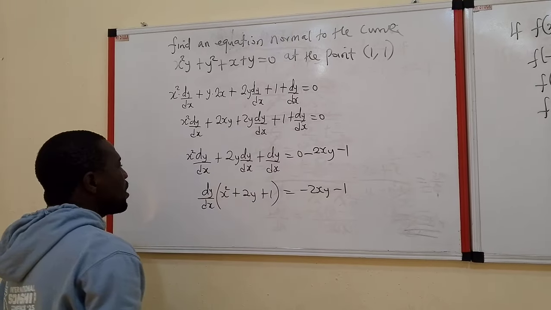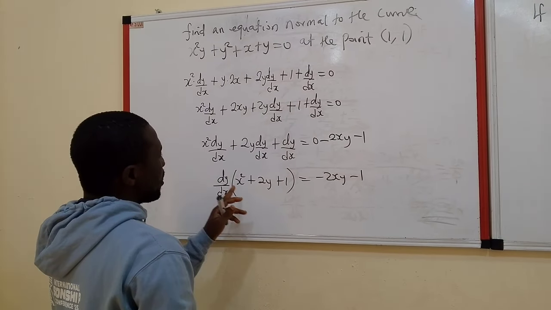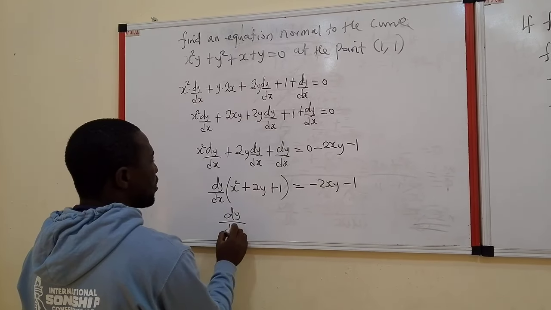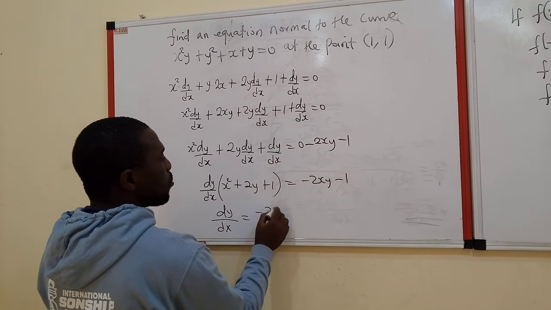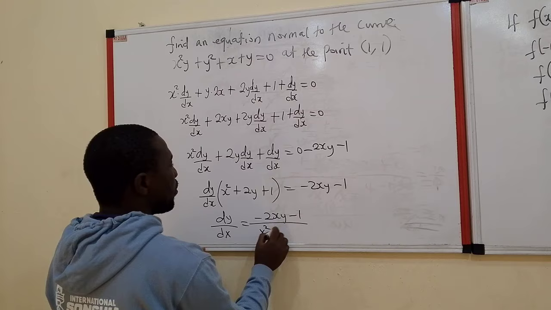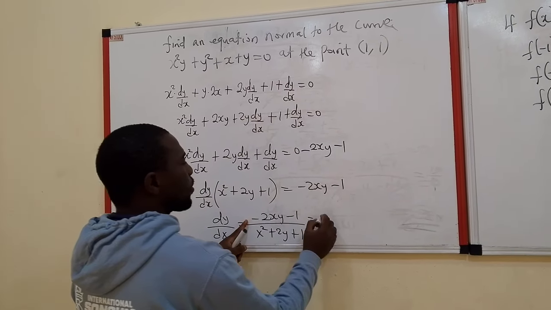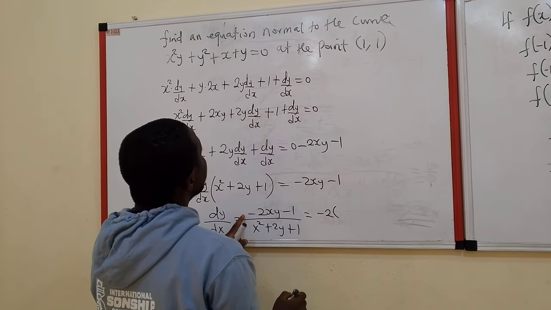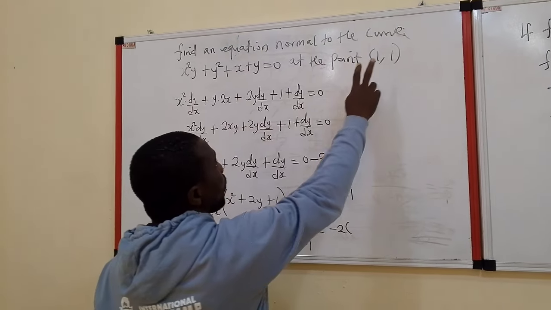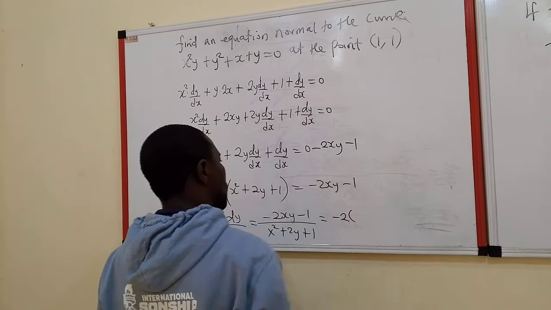The next thing is I'll divide both sides by the coefficient of dy over dx, which is x squared plus 2y plus 1. So dy over dx now equals minus 2xy minus 1 over x squared plus 2y plus 1. Now I will substitute in these values, where my x is 1 and my y is 1.